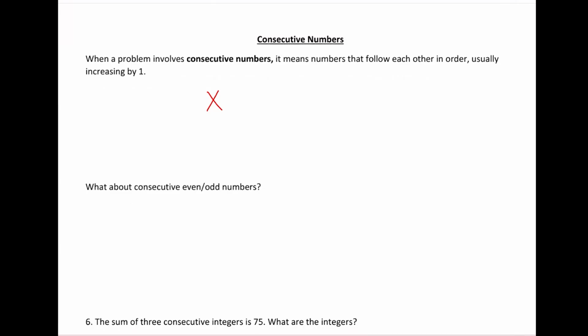X is the smaller number. Yeah, x plus 1. Okay, this would be the smallest number, and this is the next consecutive number.